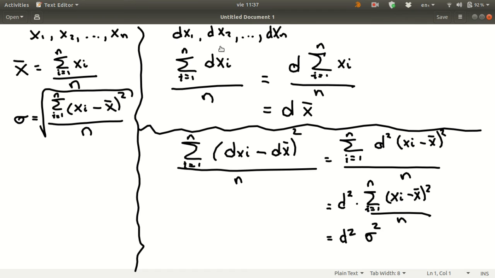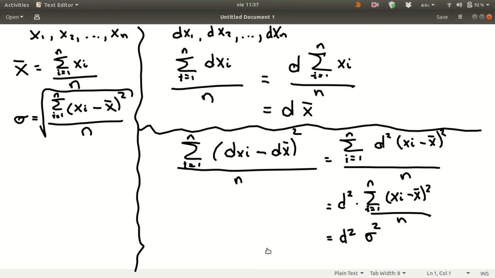Okay, so when I multiply a constant to all of the data members of a data set, then the variance gets multiplied by the square. Now remember that the standard deviation is taking the square root.